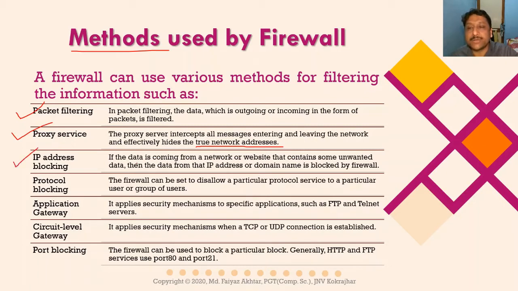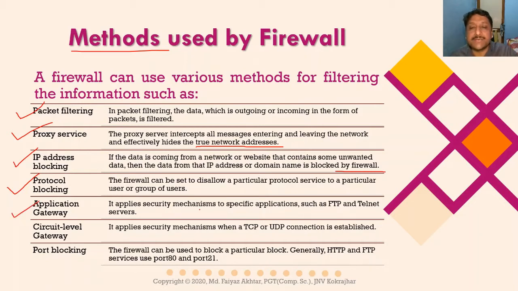IP address blocking. If data is coming from a network or website that contains some unwanted data, then the data from the IP address or domain name is blocked by the firewall. Protocol blocking. A firewall can be set up to disallow a particular protocol service to a particular user or group of users. Application gateway.